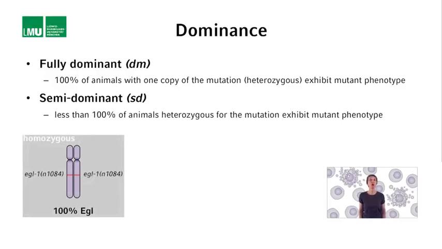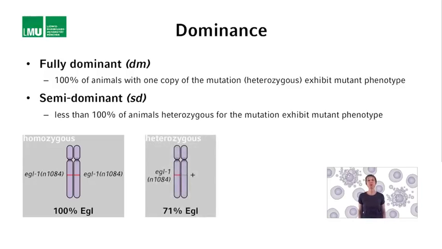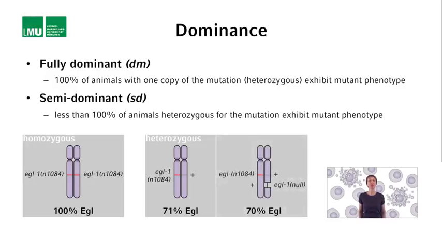In the case of the AGO1 mutation n1084, for example, 100% of animals that are homozygous for n1084 are AGO, but only 71% of animals that are heterozygous for n1084 are AGO. Interestingly, around 70% of animals heterozygous for n1084 and a deficiency that deletes the AGO1 locus on chromosome 5 are AGO as well.